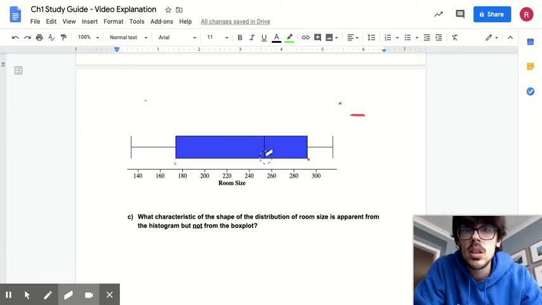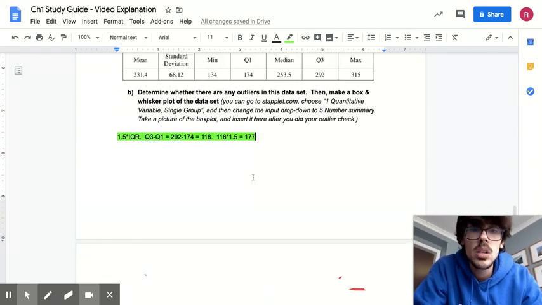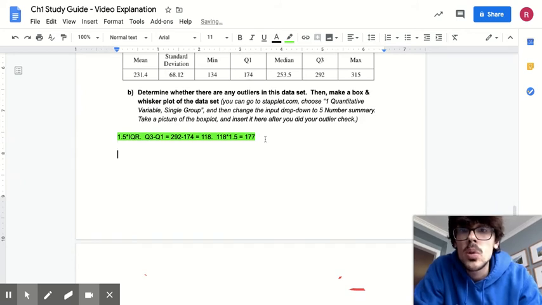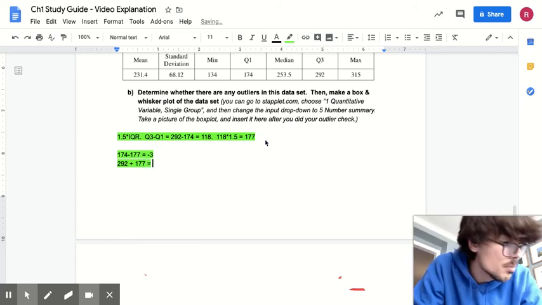So with this problem, Q1 is 174. I take 174 and take away my 1.5 times IQR. That's negative 3. And I take Q3 and add 177, and that's going to be 469.